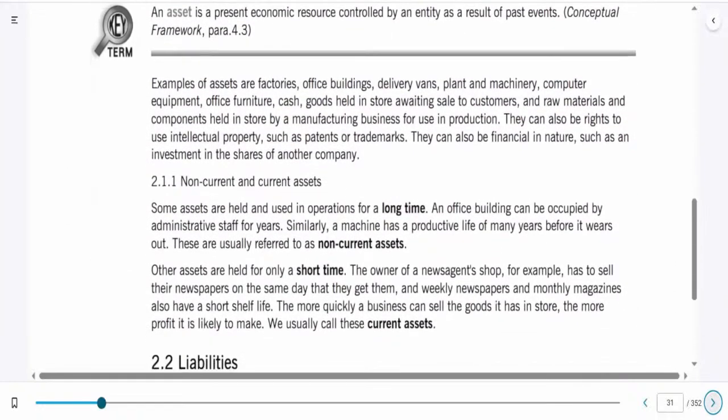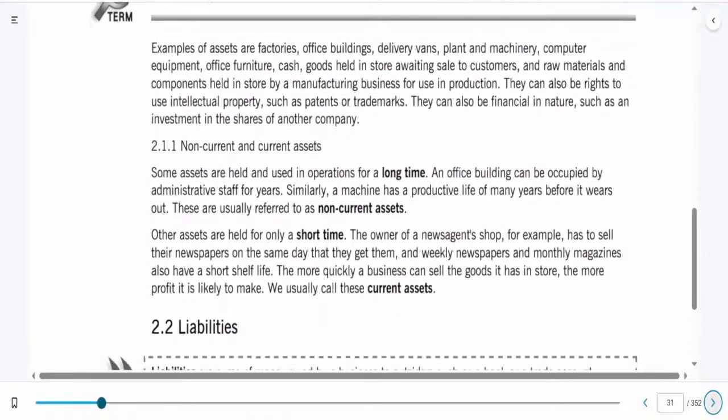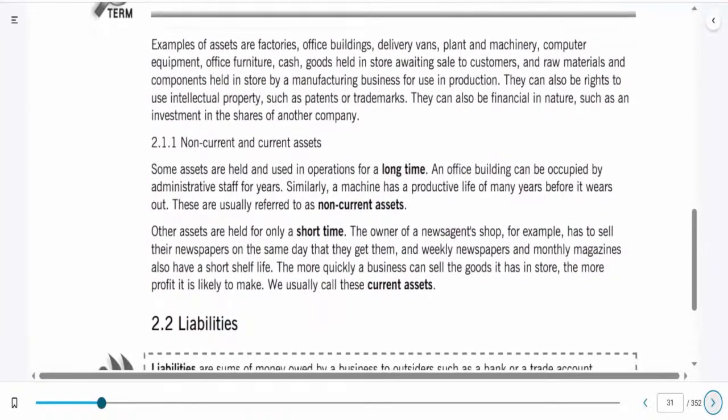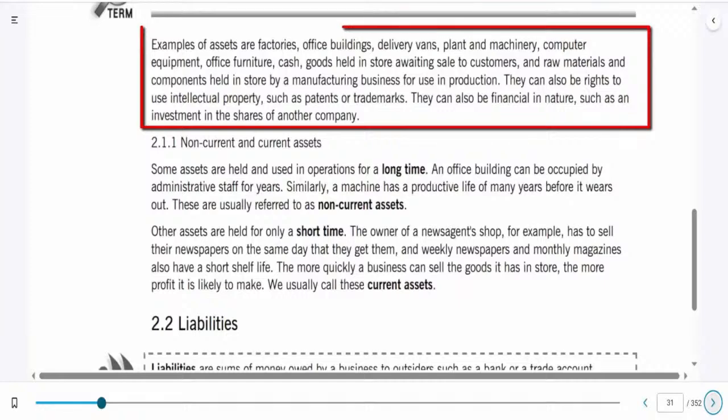Examples of assets. To make this even clearer, here are some common examples of assets that you might find in a business. Factories and office buildings, places where work happens or products are made. Warehouses, buildings where goods are stored. Delivery vans and lorries, vehicles used to transport goods or services.